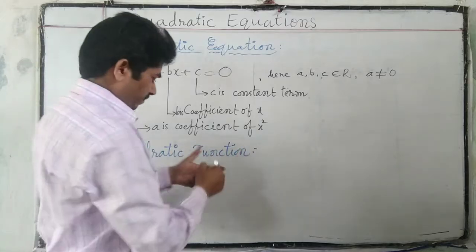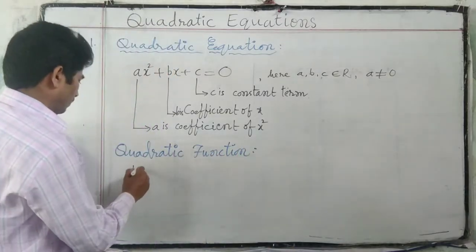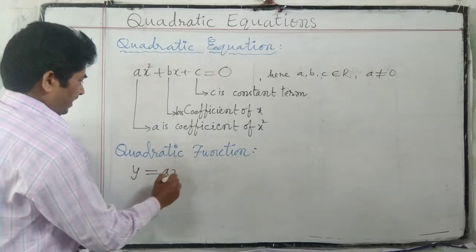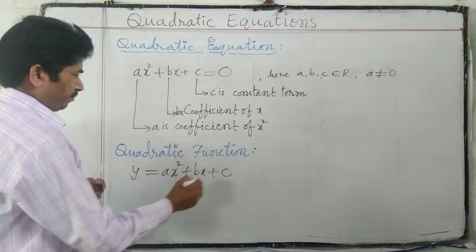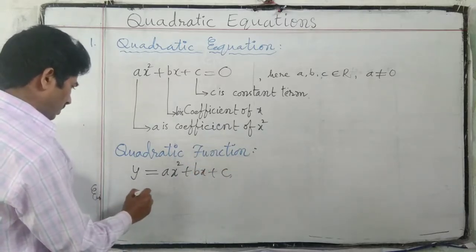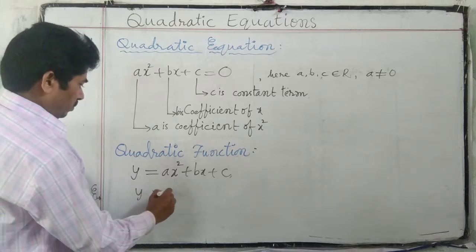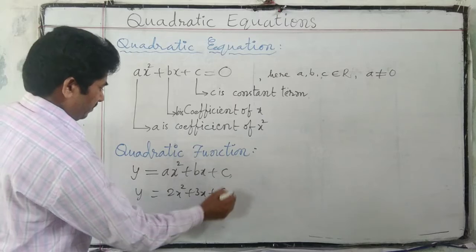Quadratic function y is equal to ax square plus bx plus c. Example, y is equal to 2x square plus 3x plus c.